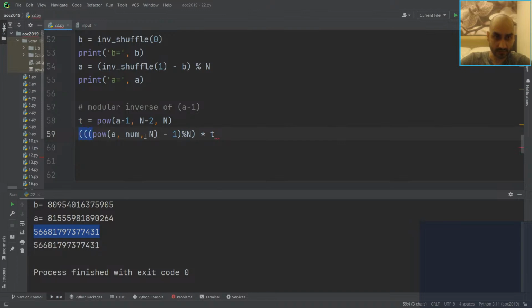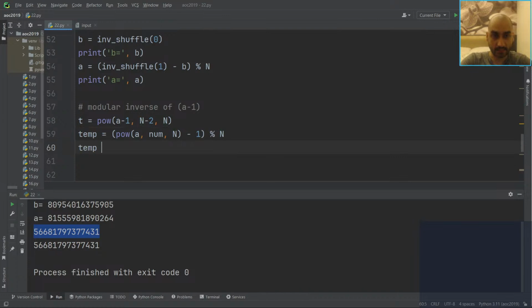Should we just do these as a series of steps, otherwise it's going to look horrible. So let's just do temp equals power of A to the num T minus 1 % N. Okay, that's the first step.